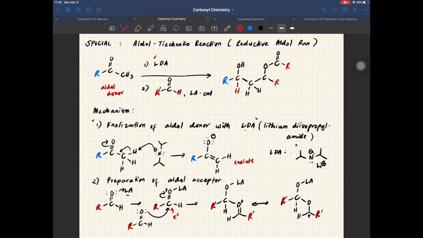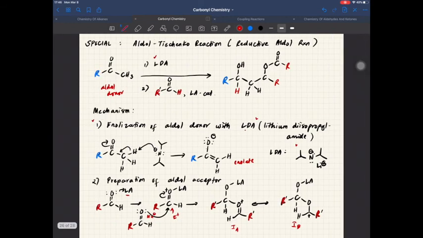This molecule will act as a nucleophile and attack this electrophilic carbon to form this transition state. This transition state 1 will have a resonance structure. Transition state 1A and 1B are both resonance forms, and these two are the final form of our aldol acceptor.